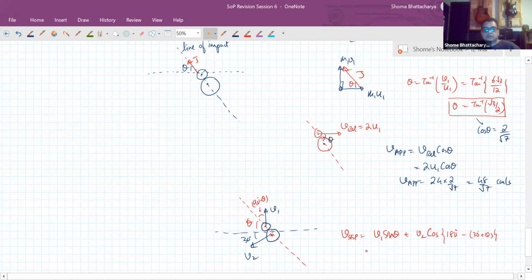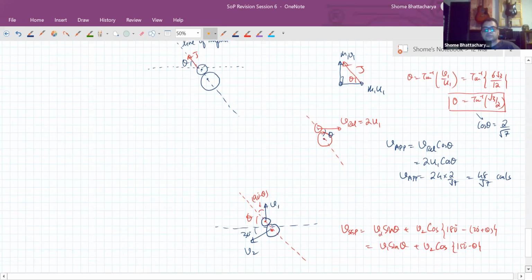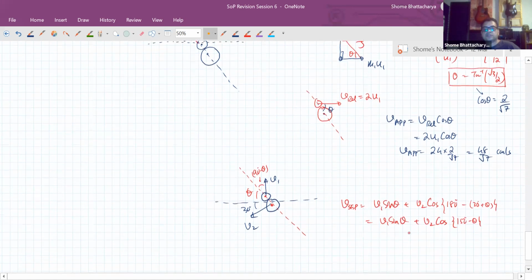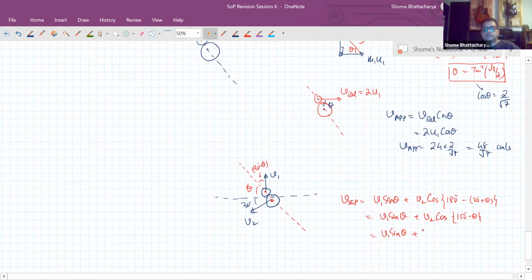So this becomes v1 sine theta plus v2 cos of 150 minus theta. So it becomes v1 sine theta plus v2 times cos 150 cos theta plus sine 150 sine theta.